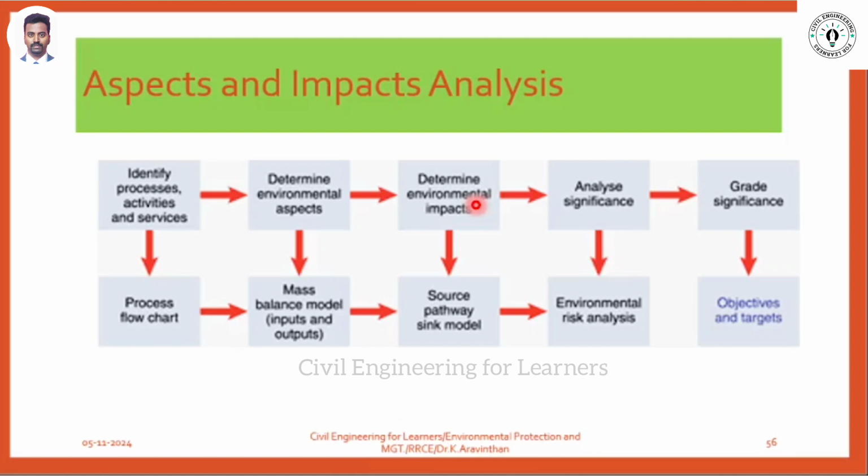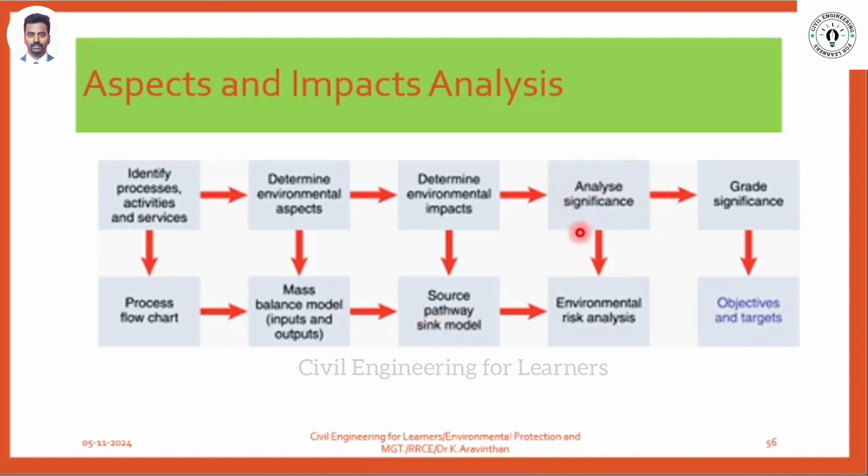So you have to identify the key parameter where it affects. The process might affect or pollute the air or water, or it might be a disposal that you can track by using source pathway.